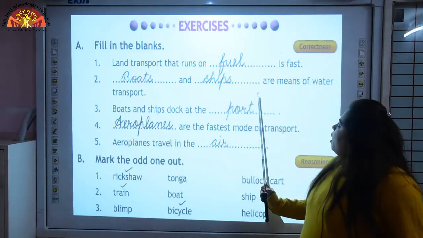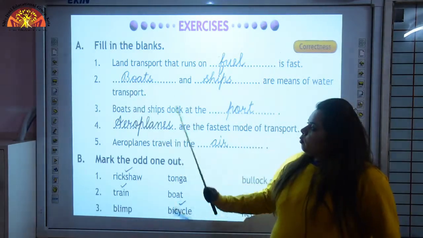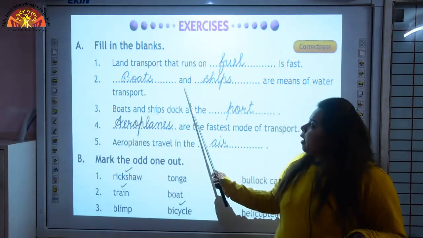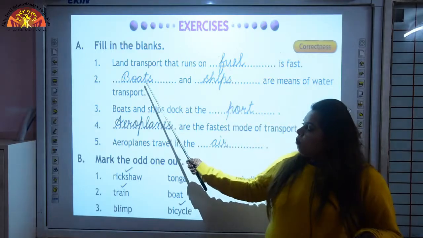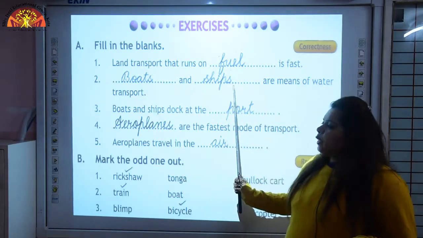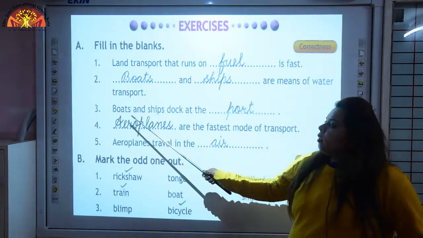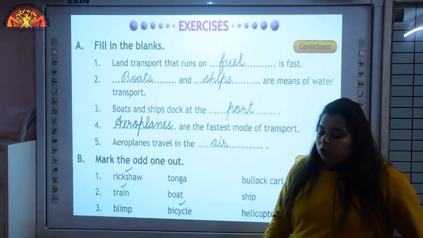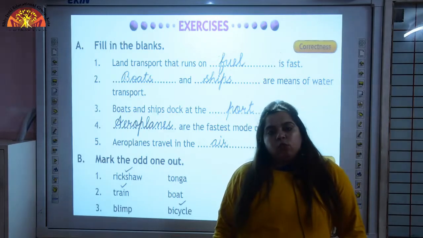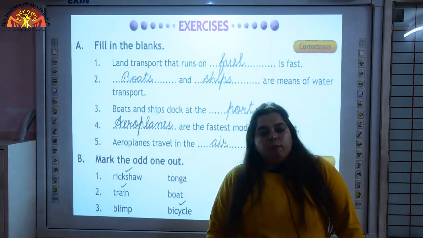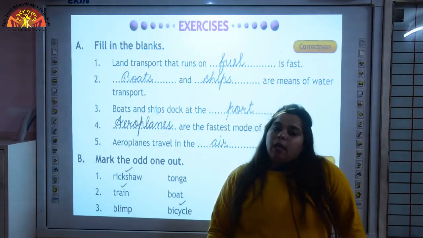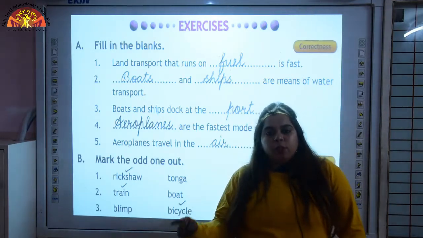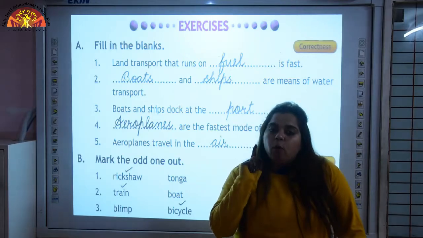Dash and dash are means of water transport. Now different means of water transport: boats and ships. So boats we will write over here, ships we will write over here. Number 3, boats and ships dock at the dash. Now children, like trains stop at railway station, aeroplanes arrive and depart from airport, the same way boats and ships dock at the port.